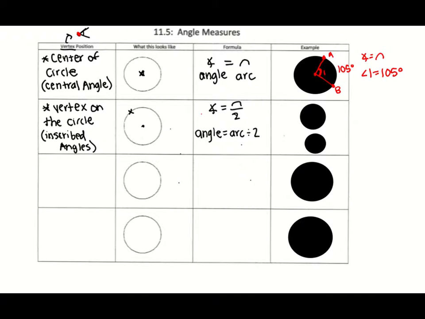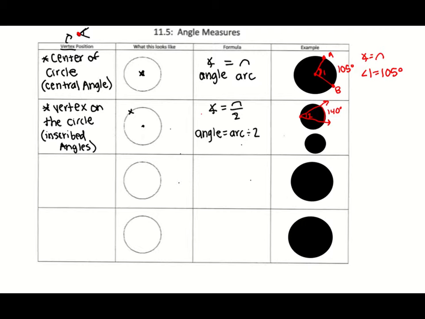If we look at an example here, we've actually got 2 examples. In our first one, we have a point on the outside, with rays going this way and a ray going this way. This arc right here is 140 degrees, and this is angle 2 right here.